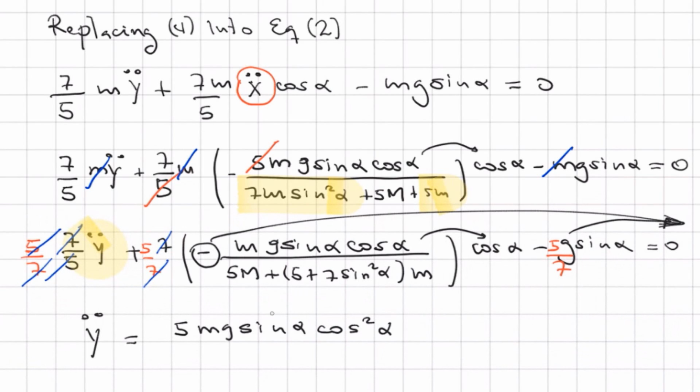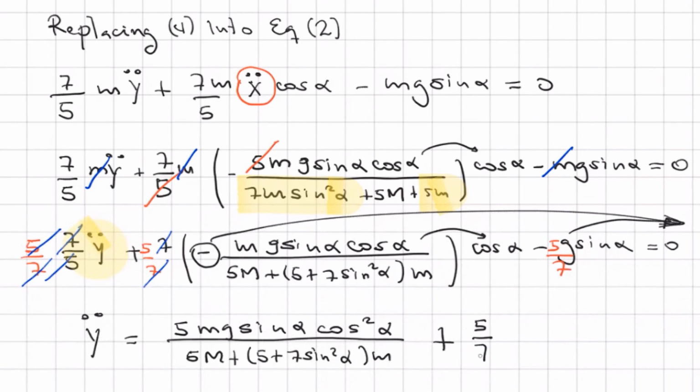This is dividing by 5m plus 7 sine squared of alpha, mass of the ball, plus 5 dividing 7 g sine of alpha.